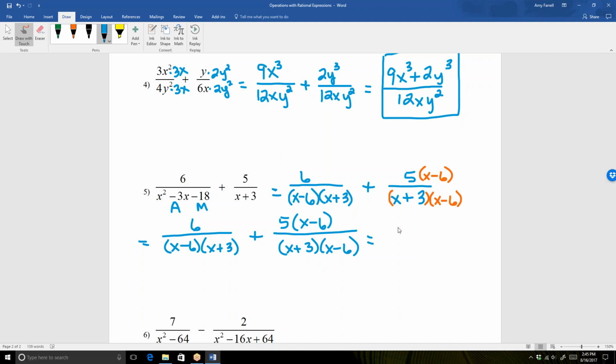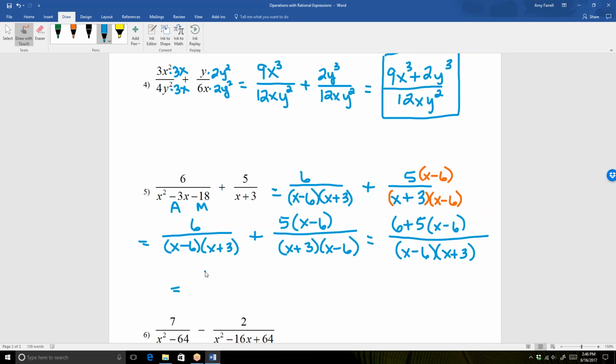Now, once I have a common denominator, I'm going to add numerators and retain that common denominator. I'm still going to wait to distribute. The reason why I want to wait to distribute is when we get to subtraction, students make some sign errors, so I'm trying to avoid making any kind of sign error. Now, I chose to write the factors of the denominator in this order, but once again, you're welcome to write the x plus 3 in front of the x minus 6.